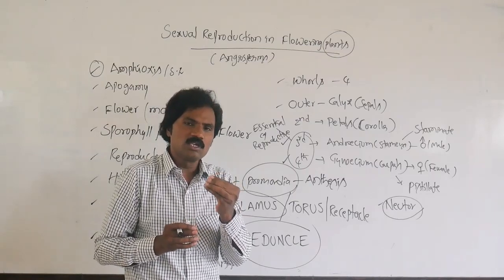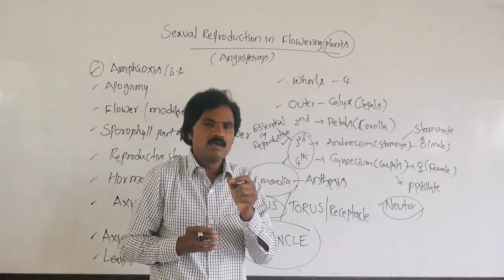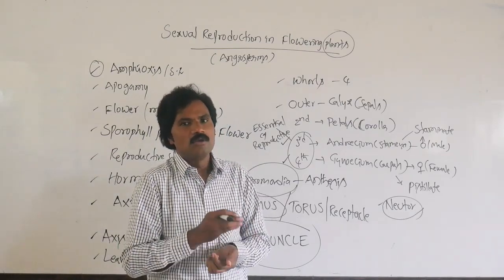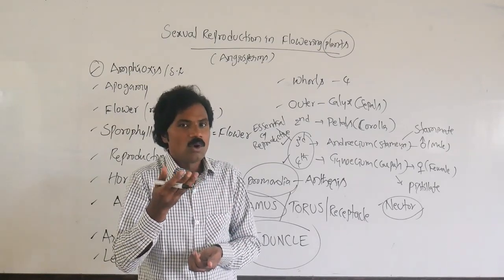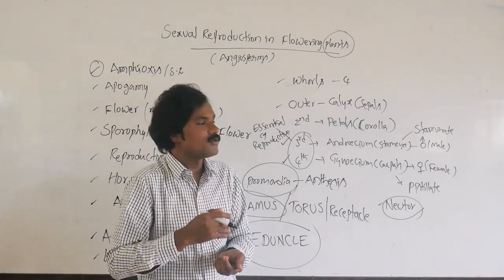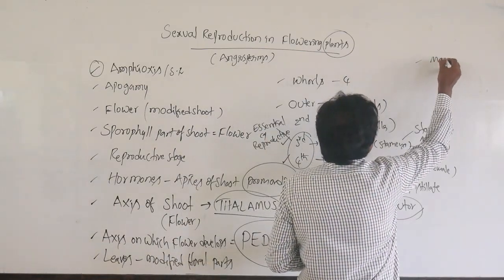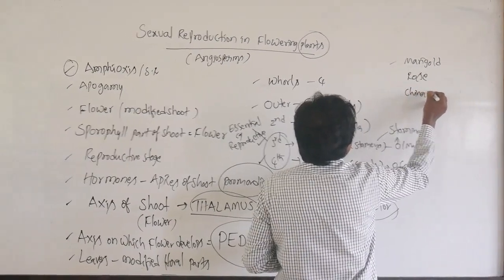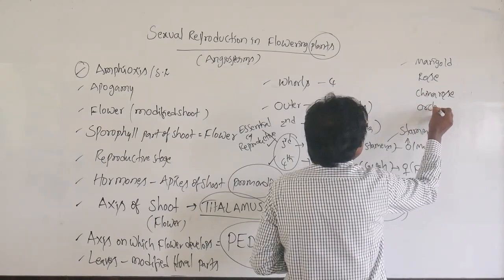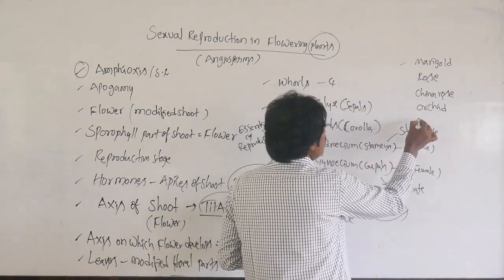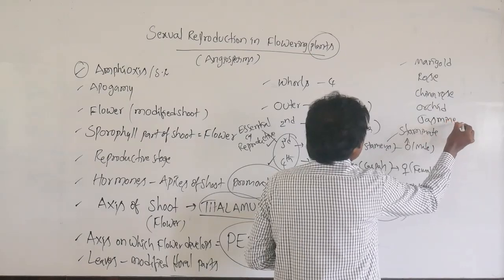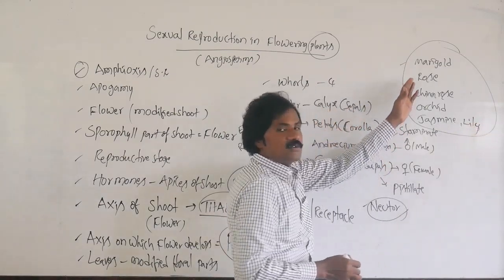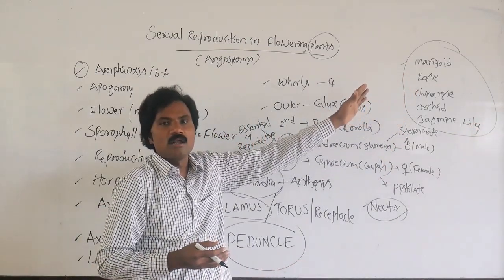Already you know the essential role of the flower: aesthetic, social, cultural, and religious aspects are present. Some examples of ornamental flowers are marigold, rose, china rose, orchid, jasmine, and lily. Such flowers are cultural, ornamental flowers.